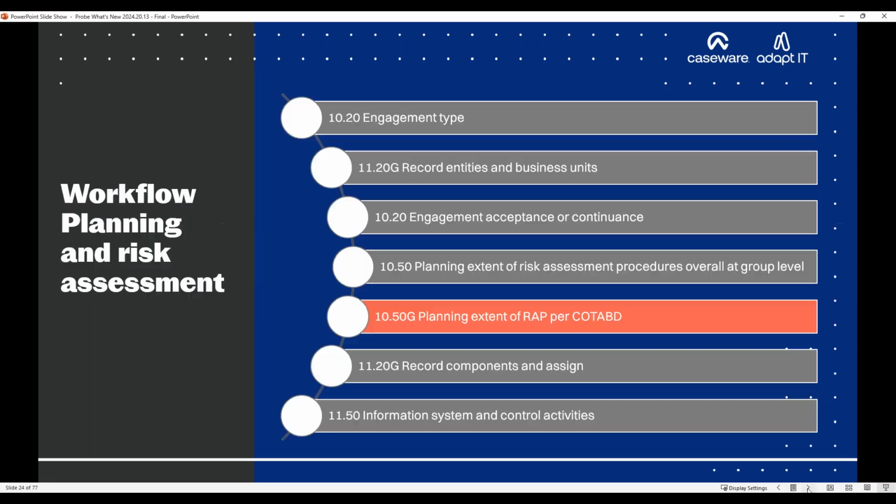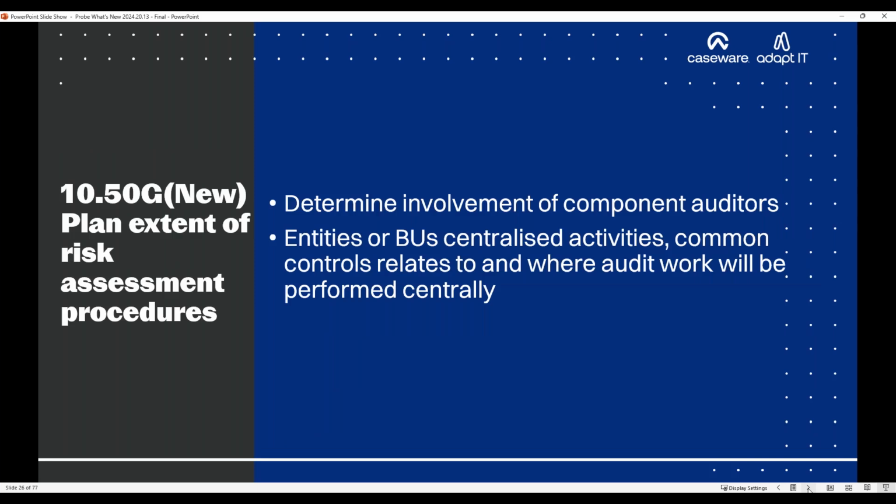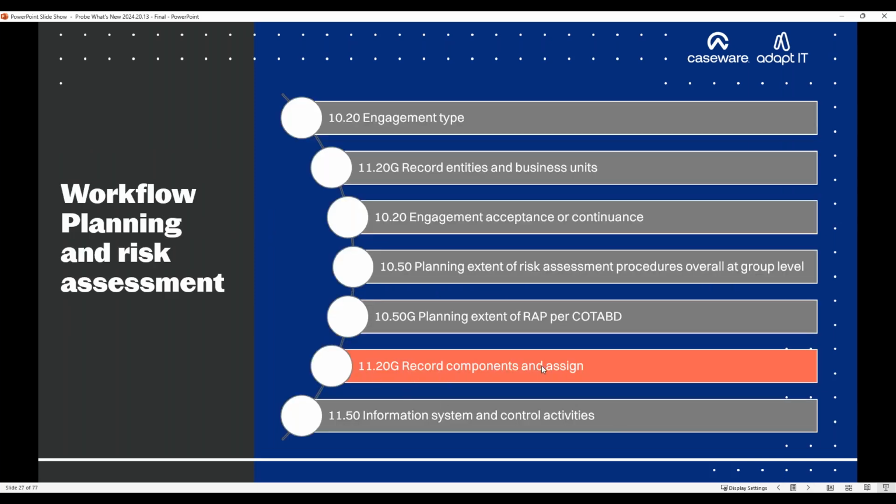So we were busy with 1050. 1050G, I've already spoken about, and then we're going to go and record the components. At this point in time, we now know which are the entities, which are the business units, where they are located, and which of them relate to every business unit.